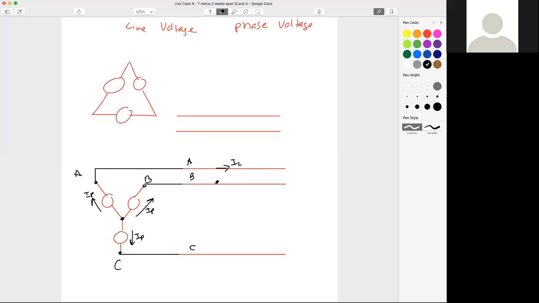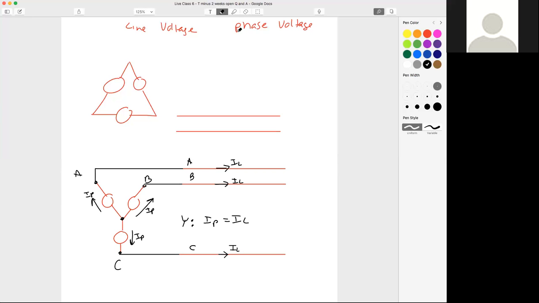Here's I line A, here's my B line current, here's my C line current. When we say for a Y that our phase current equals the line current, what they're saying is, according to nodal analysis, there's nothing else leaving or escaping this node. So I phase has to equal what? I line.